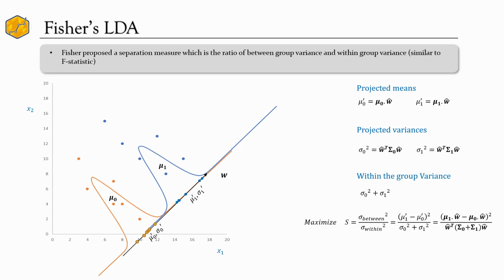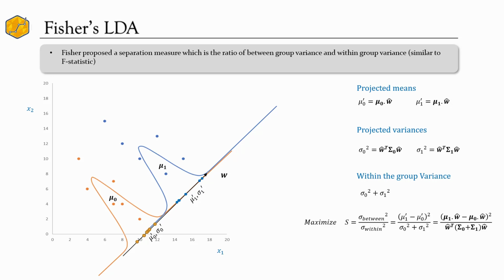Sigma 0 square is the within class 0 variance, sigma 1 square is the within class 1 variance. The total within group variance is sigma 0 square plus sigma 1 square, right? So relative to the within group variance, how large is the between group variance? For maximum discrimination, we want the between group variance to be as high as possible. We want the classes to be far from each other. That means we want the separation between projected means to be as high as possible.